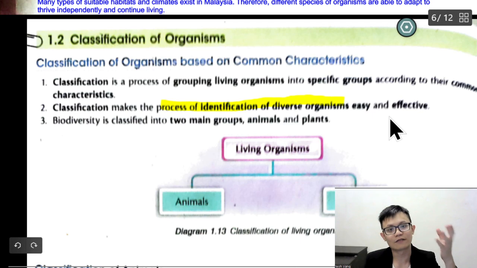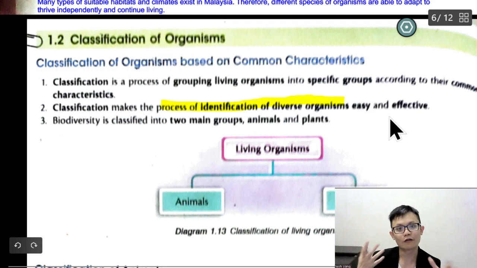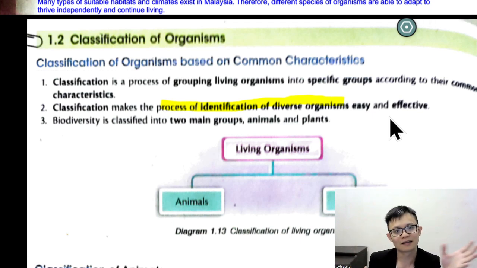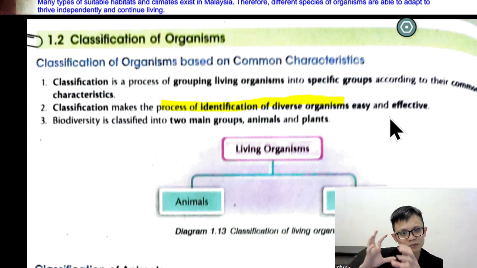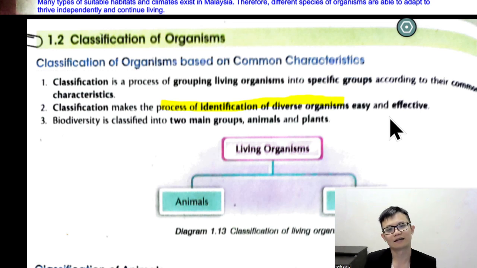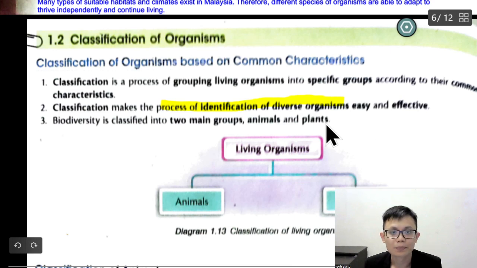If you don't classify, then how do you want to learn? How can we learn about that animal, the black color animal, the white color small one with a nose, or say that that animal belongs to the group of mammals, correct or not? Or that animal belongs to reptiles. So we can classify the animals, we can study them, and it's for easier communication.